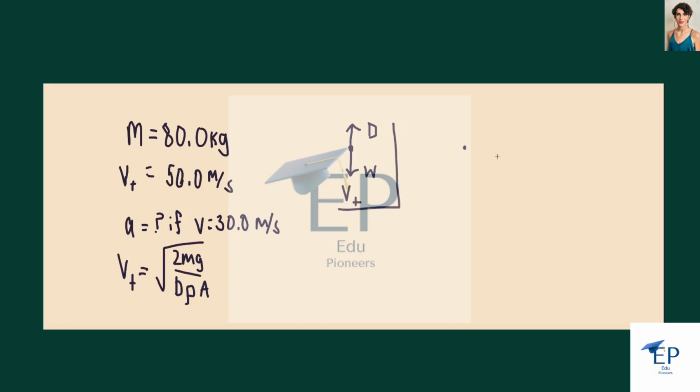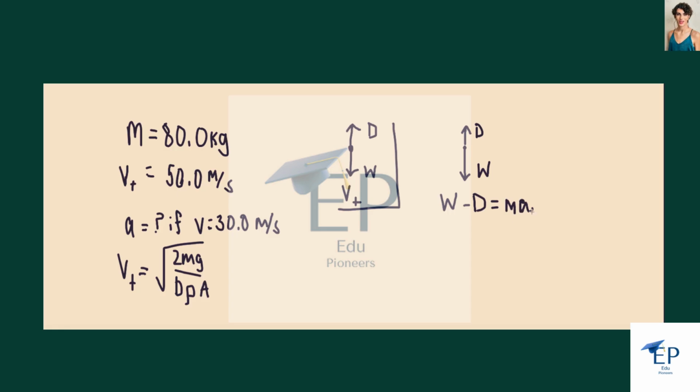But if the velocity is 30 meters per second, then the person is still going to be accelerating down. And so the weight force is going to be larger than the drag force. And we know that weight minus drag is equal to ma, where I just chose down as positive, so we end up with a positive acceleration.